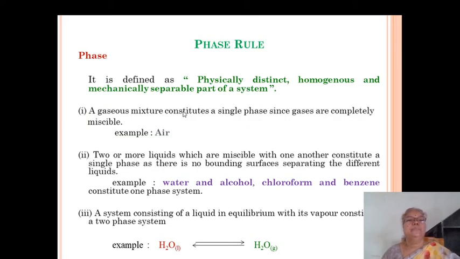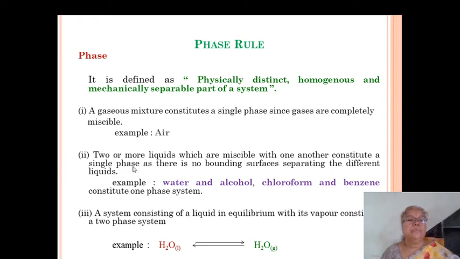Okay, then again the phase rule. The term phase is defined as a physically distinct, homogeneous and mechanically separable part of a system. For example, a gaseous mixture constitutes a single phase since gases are completely miscible, for example air.